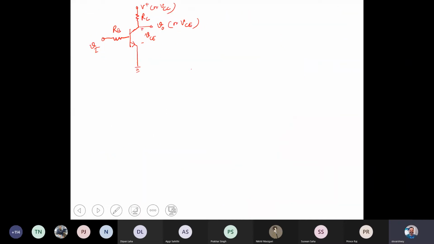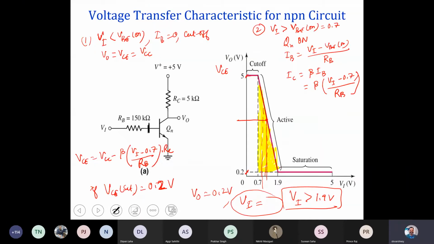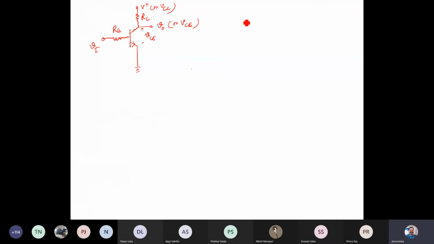So what we have seen from here is that when the input is low, that means your input Vi is less than the VB on. So what's the output?